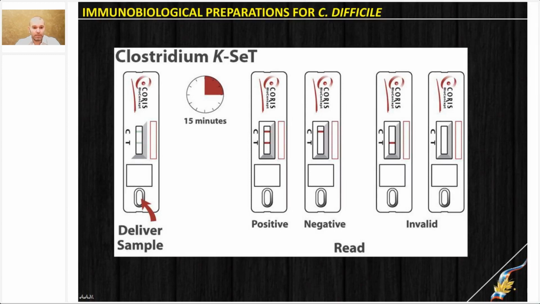but instead of plastic wells and some liquids, we have a specific plastic strip with a window for the sample, for adding the sample, and an indicator window which is marked with the letters C and T. C is a control, T is a test.